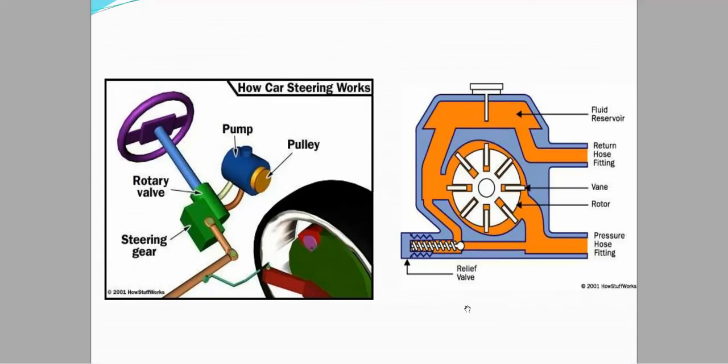This is the hydraulic power system diagram, in which we have an oil pump or reservoir by which we are able to get fluid. This is the relief valve, pressure hose fitting position, vane, rotor, return hose fitting and fluid reservoir.